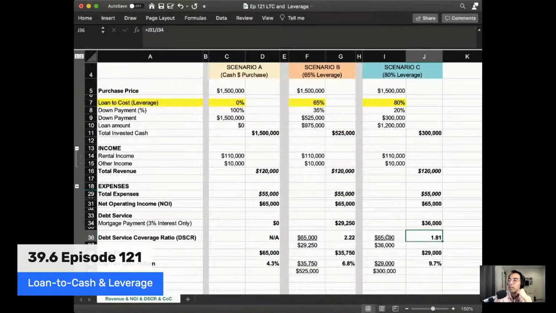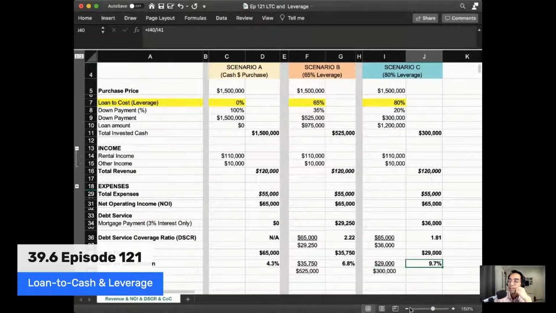So you still have plenty of space here. Very safe mortgage, $29,000 of cash flow. So it's the least amount of cash flow. But remember, you also put in the least amount of money. You only put in $300,000. And so $29,000 of cash flow divided by $300,000 of invested money is almost 10%.